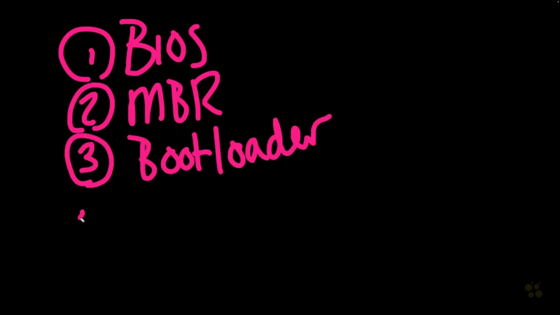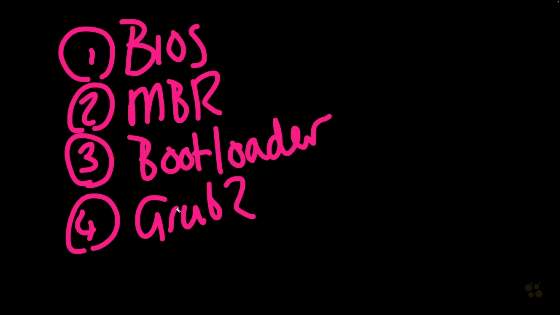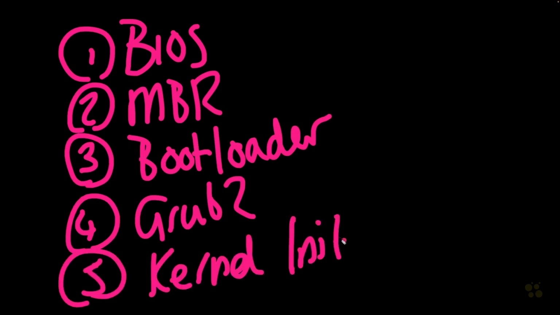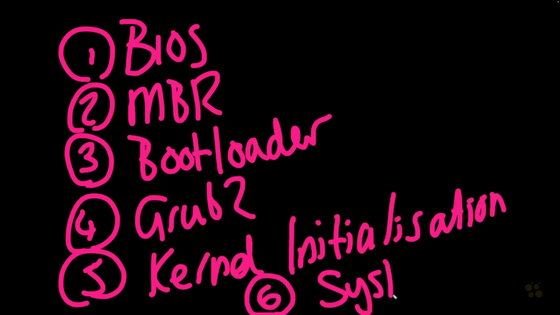So that could maybe be Grub 2. And the bootloader is going to be responsible for loading the kernel into memory. So then we have our kernel initialization. And the kernel will load, in modern systems at least, systemd, which is going to mount your file system and begin running all of those essential processes to get your operating system up and running.